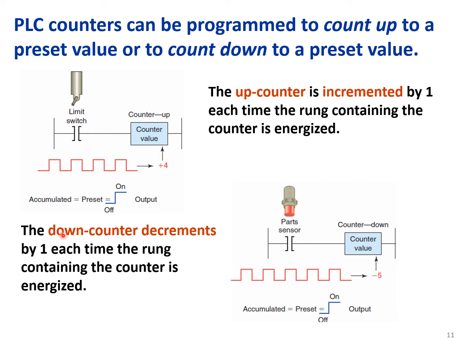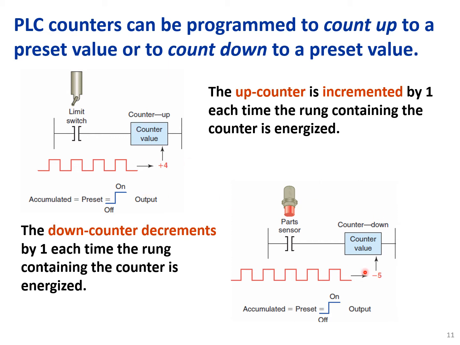The down counter decrements by 1 each time the rung containing the counter is energized. Okay, so it should always be energized, from false to on, for both cases. But the difference is that the down counter will decrement every time. So here we have, let's say, -5 here. And again, by resetting, the counter will go back to 0.